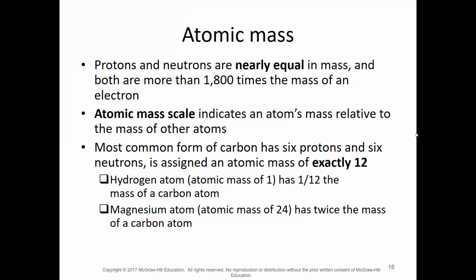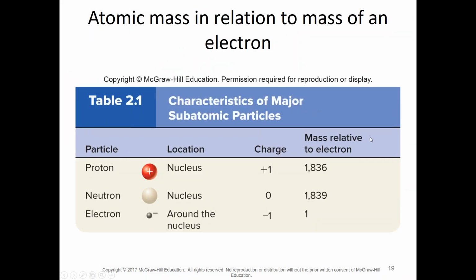Let's go on to slide 19, my bad. Looking at slide 19, we have atomic mass in relation to the mass of an electron. You can see the protons and neutrons are both in the nucleus. As we know before, protons are positive charge, neutrons are neutral, no charge at all.